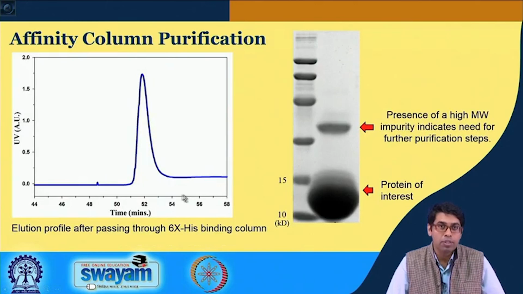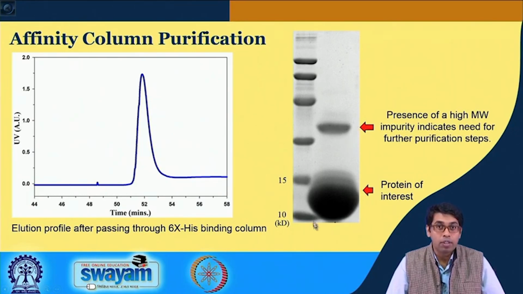One such example is shown here. Again, this is time, it can also be volume, and this is the UV absorption in the y axis. So, again we see that after some time a strong peak comes out, which is our protein, and there are no other peaks, and if we run one of these fractions on the gel, we see this big band which is our protein of interest, and it has a very small impurity.